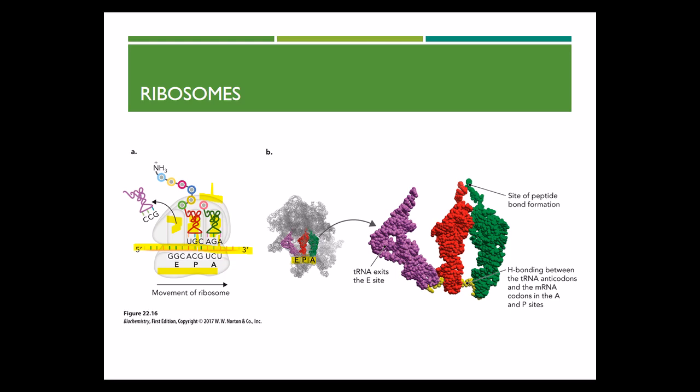Zooming in on the ribosome, we can see that the acceptor end of the transfer RNAs in both the A and the P sites are near one another.